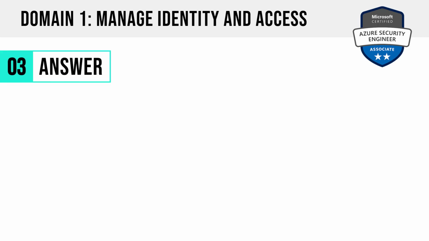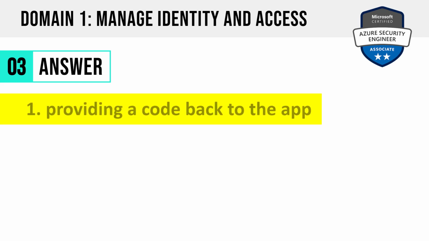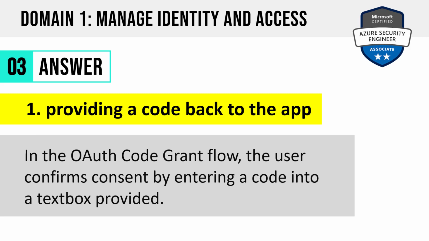And the answer? Providing a code back to the app. So in the OAuth code grant flow, the user confirms their consent by entering a code into a text box provided in the browser.